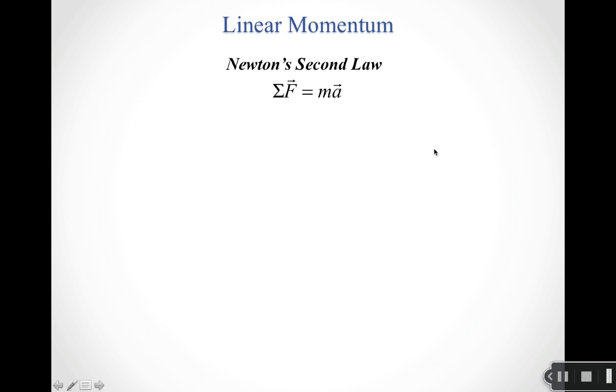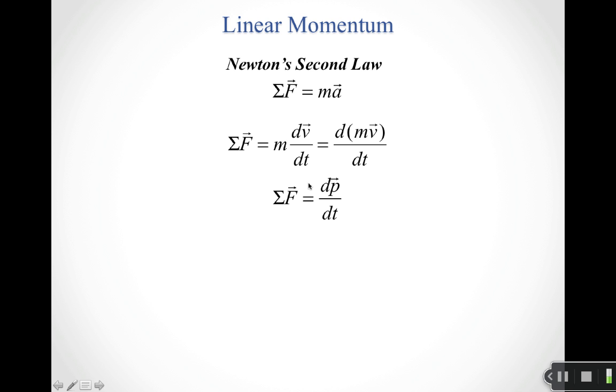Similarly, we can rethink Newton's second law. When we said it the first time, we said the net force is equal to mass times the acceleration. But we know that the acceleration is really nothing more than dv dt. And all we're doing is taking this mass quantity and plugging it back in so that we have the momentum that we're now taking its derivative with respect to time.